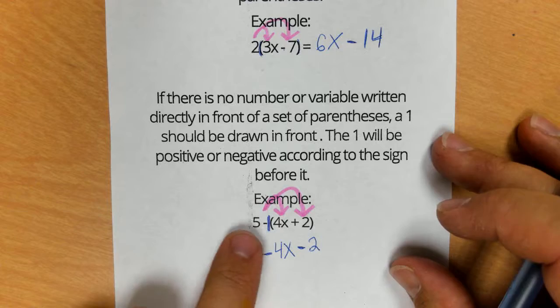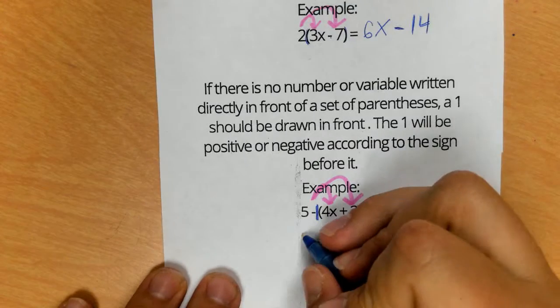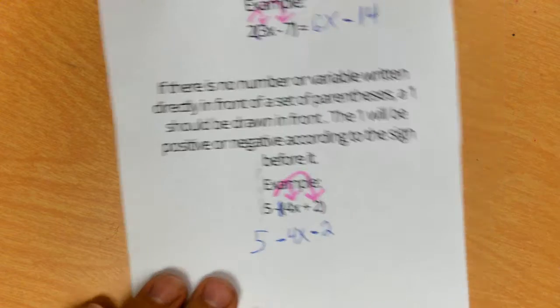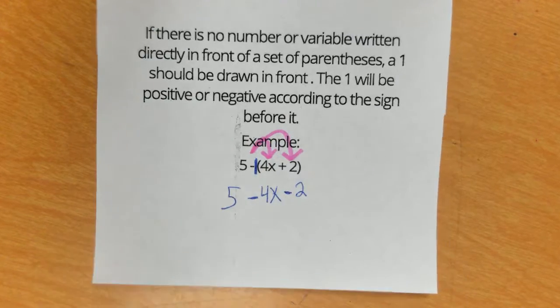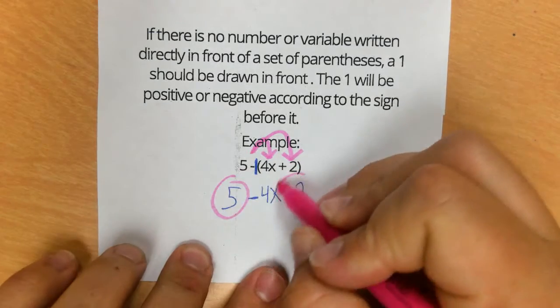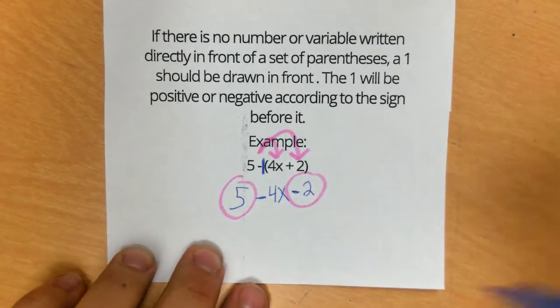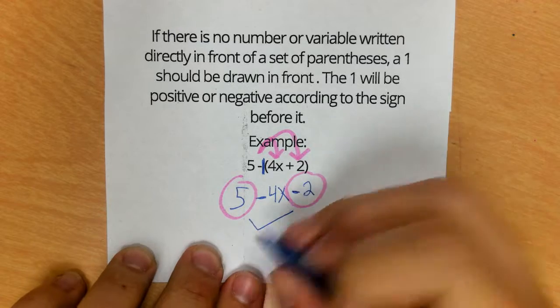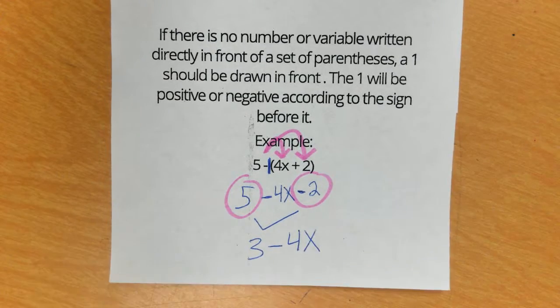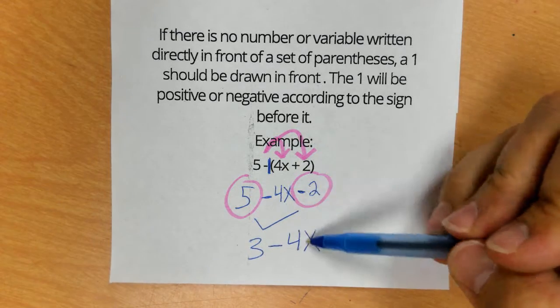Don't forget your 5 out here. 5 minus 4x minus 2. No more parentheses. However, do we see any like terms? Yeah, 5 and -2. What's 5 minus 2? 3. Add the rest. You get 3 minus 4x.